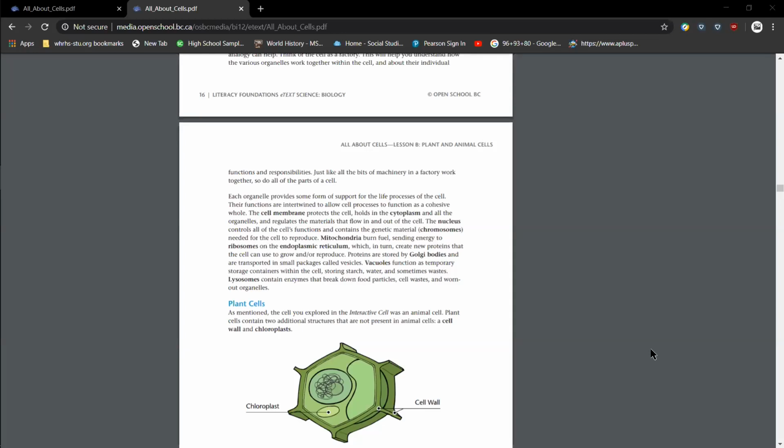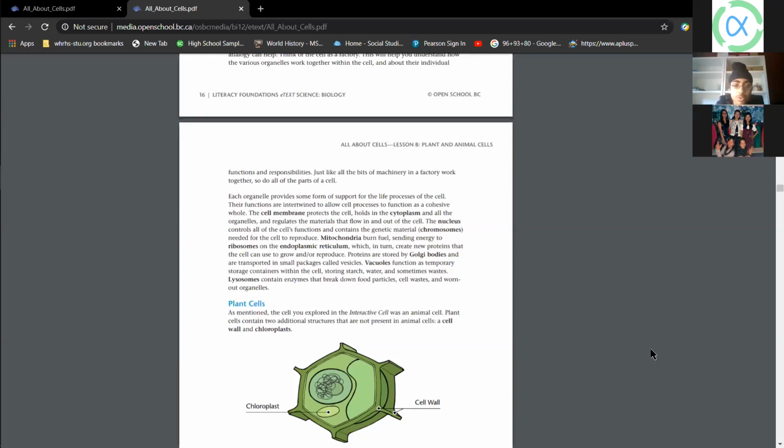The first step takes place in the ribosomes. The ribosomes take the DNA stored in the nucleus and convert it into protein. That's their function. Then it moves on to the endoplasmic reticulum.